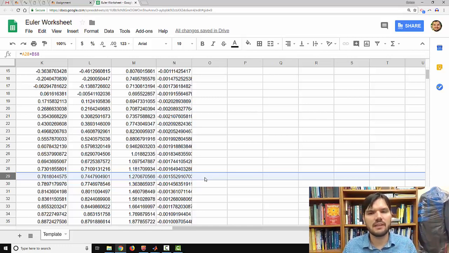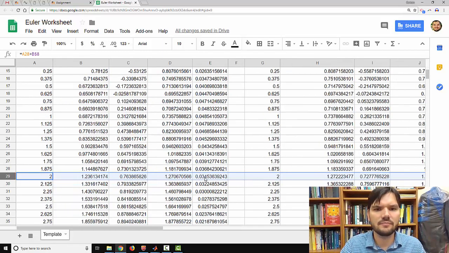Now again, this is something that we go into in more depth in a numerical methods course, but I just wanted to point out why a higher order numerical method is so much more efficient. You get more bang for your buck, a lot closer to the exact solution for just a little step size change.